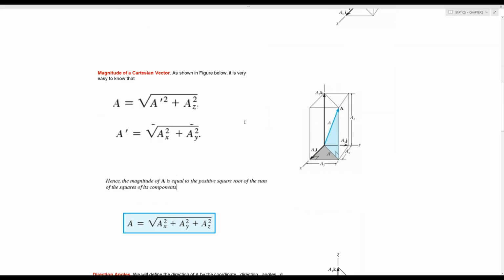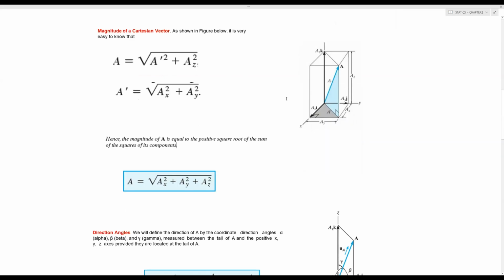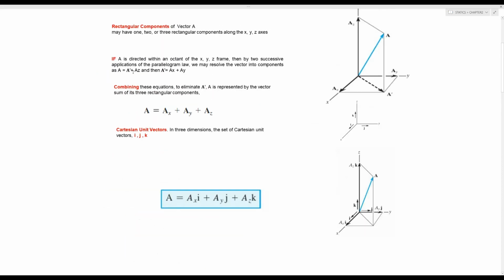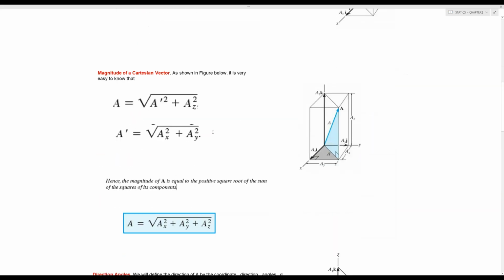Now, finding the magnitude of that Cartesian vector. To find the magnitude, we already know that we apply the Pythagorean theorem, because we are dealing with right-angled triangles. The same two formulas: A equals Az plus A dash, and A dash equals Ax plus Ay. We take the square root of both.